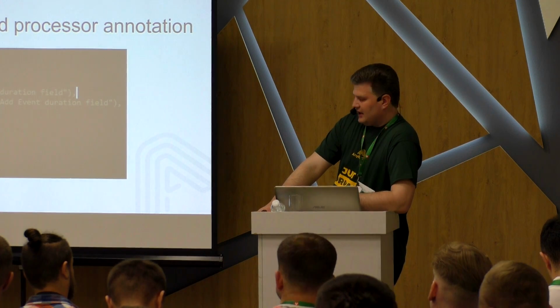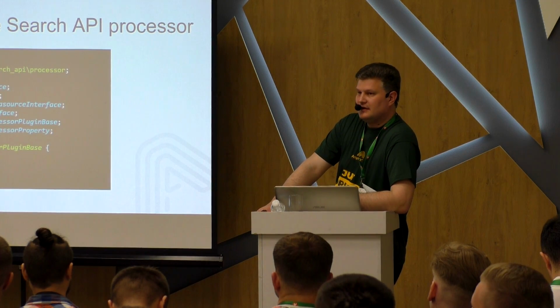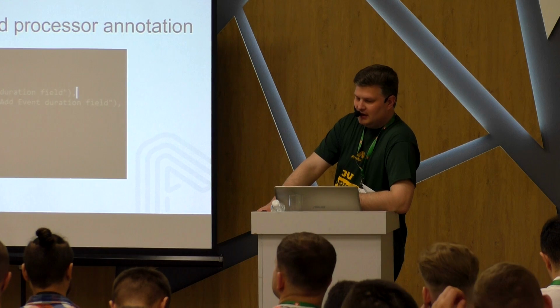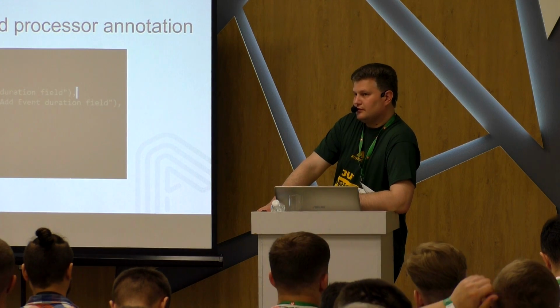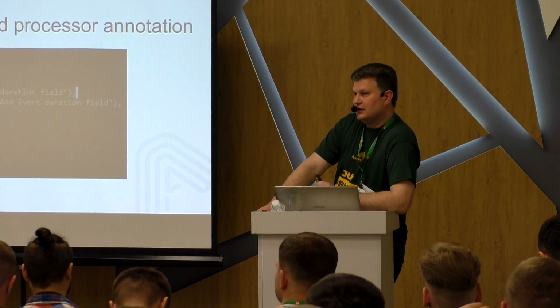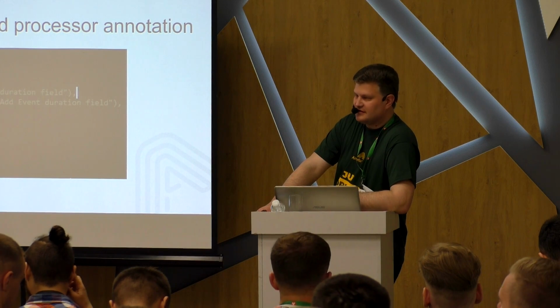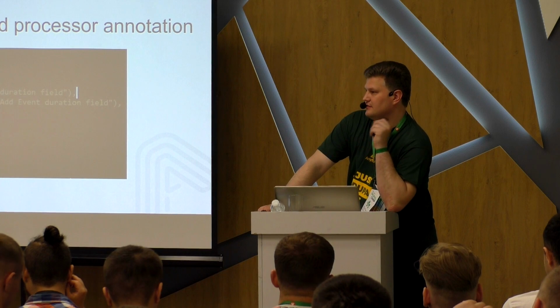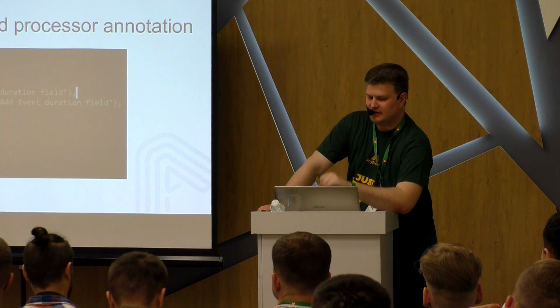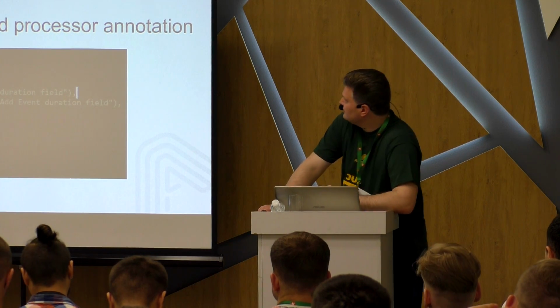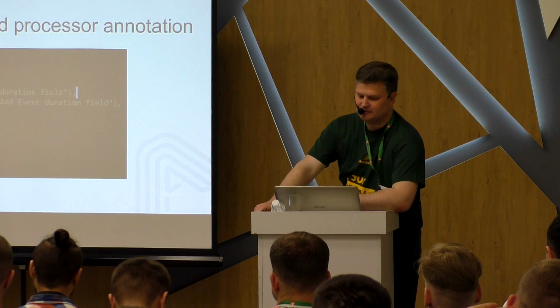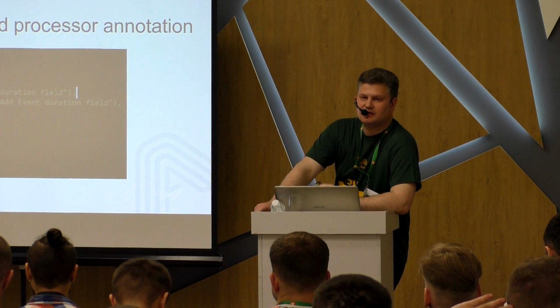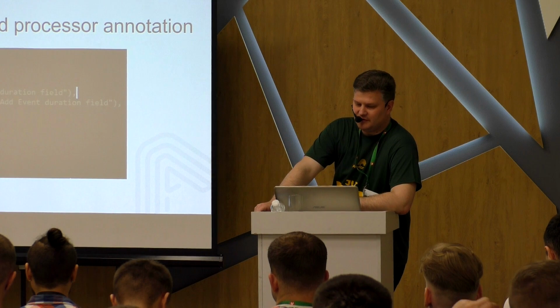And after that, when we have the class skeleton, we need to move to the second step. We need to add processor annotation. It also has a typical structure. As you see, it has an ID, a unique identifier for the processor.